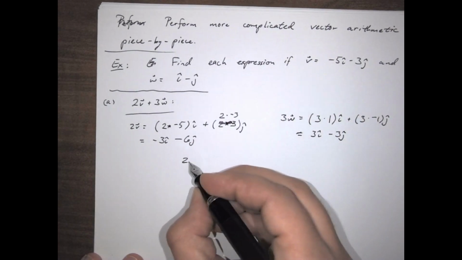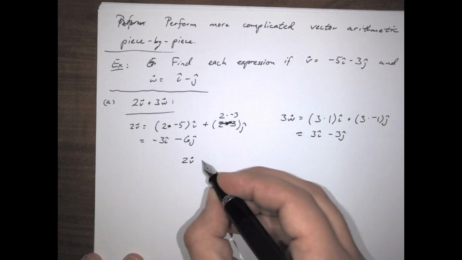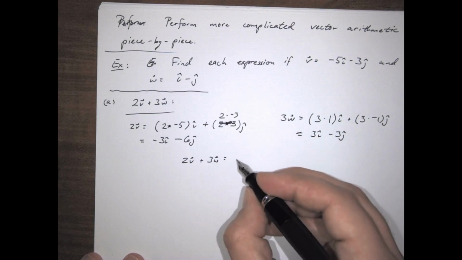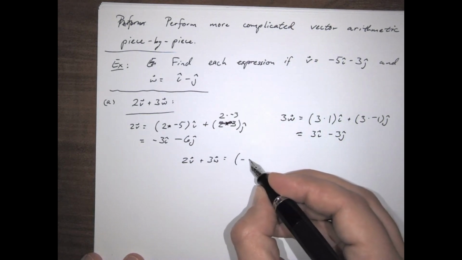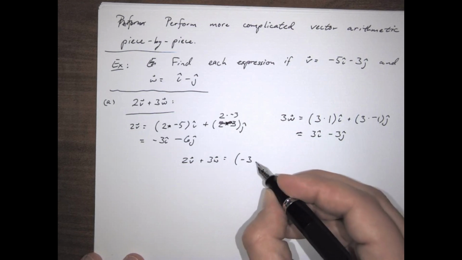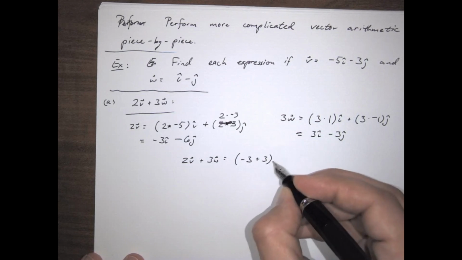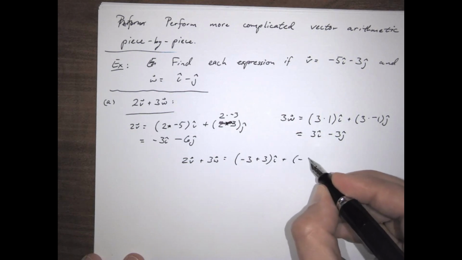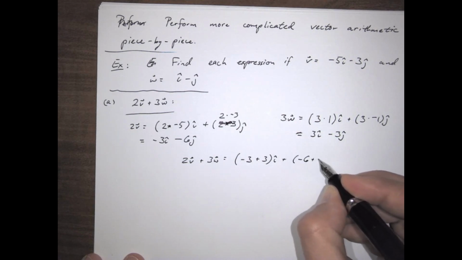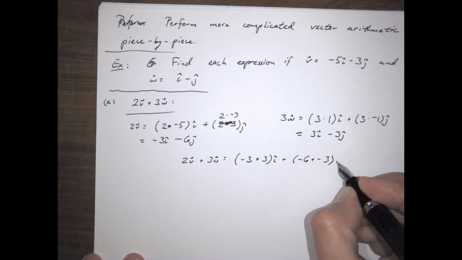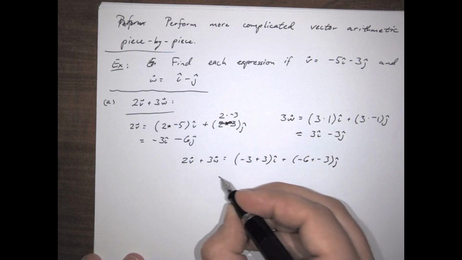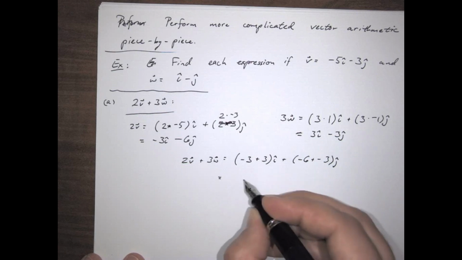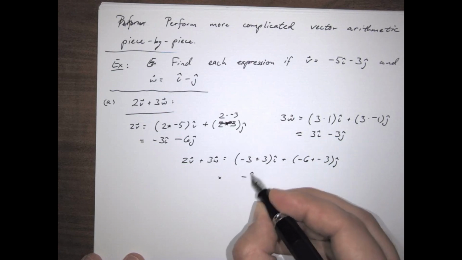And then put them together. 2v plus 3w is just going to equal, just combine them component by component. Negative 10 plus 3 as the coefficient of the i, plus negative 6 plus negative 3 as the coefficient of the j. And that's just going to be negative 7i, and then minus 9j.